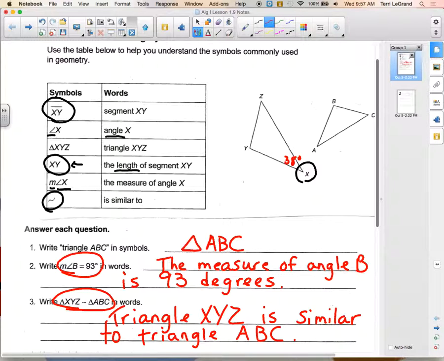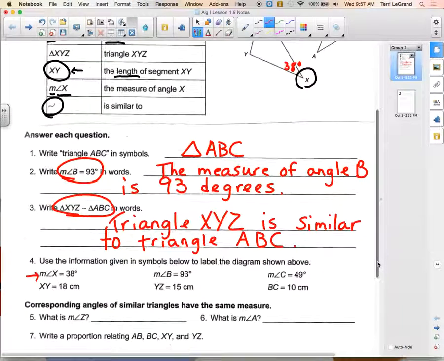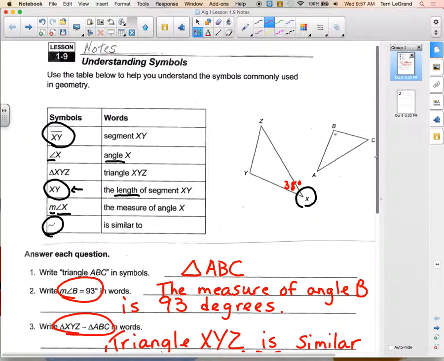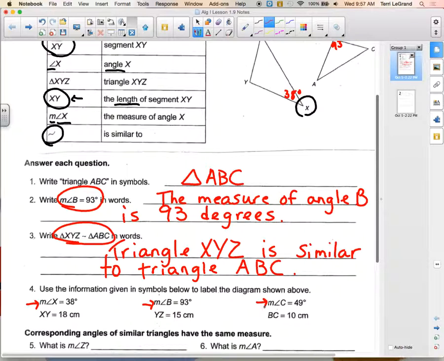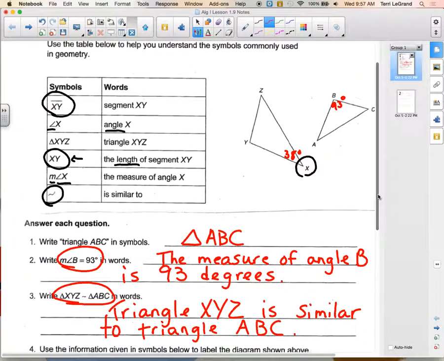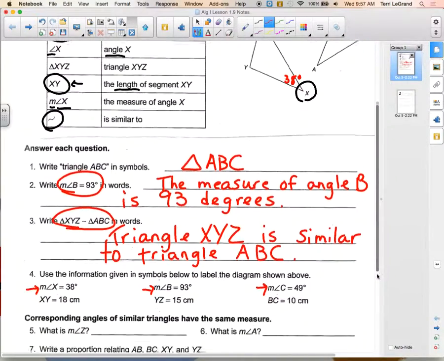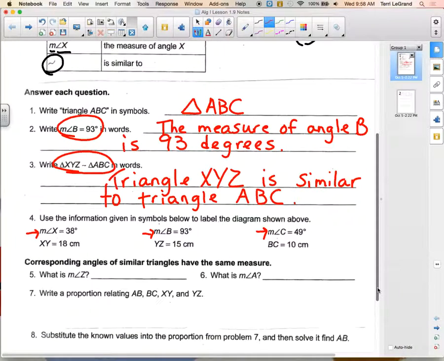Let's keep going. The measure of angle B is 93 degrees, so up here in angle B, we put a 93 degree angle. And then they give us the measure of angle C. They say that one is 49 degrees. Okay, so we've taken care of those top three.